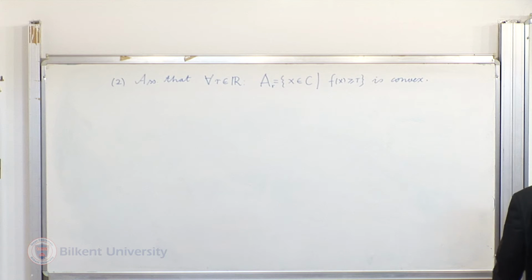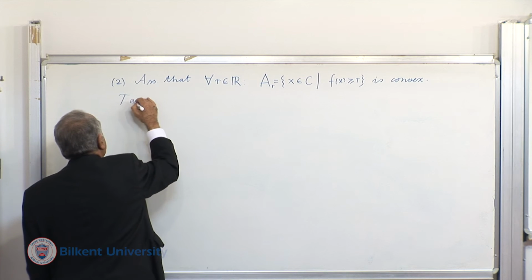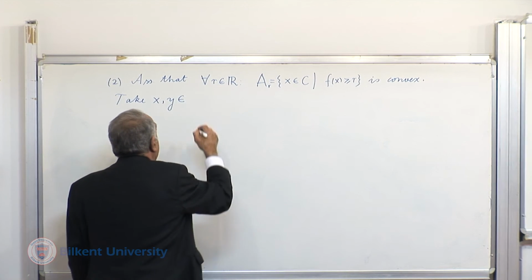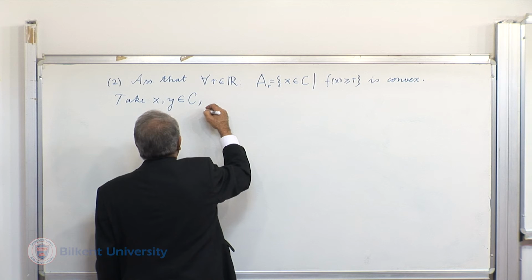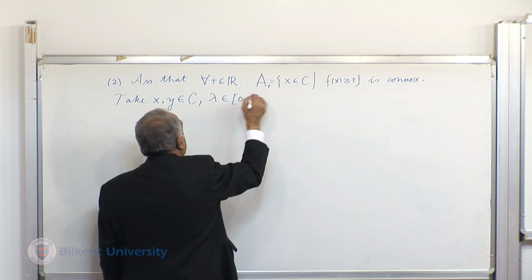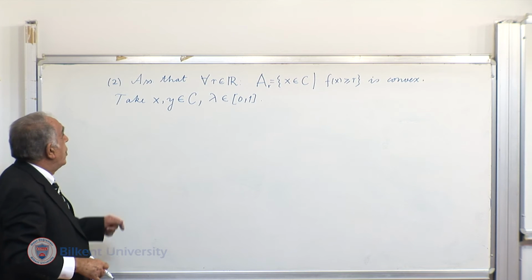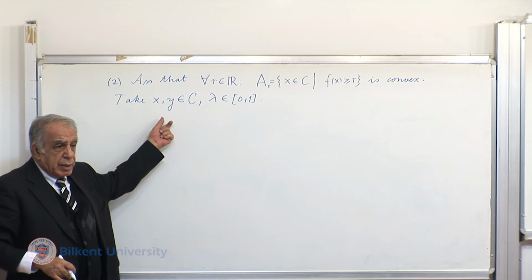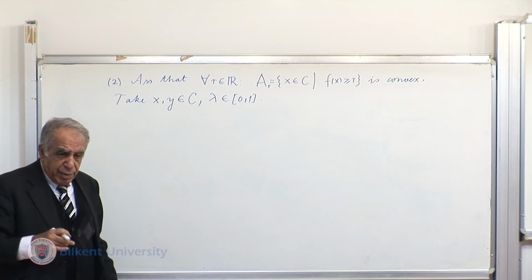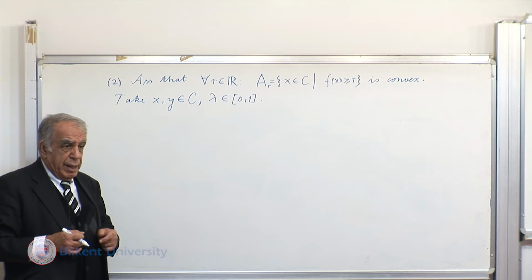To show that f is quasi-concave, take x, y in C, lambda in 0, 1. What shall we show? Well, that f of lambda x plus 1 minus lambda y, that's larger than or equal to the minimum of f of x and f of y.